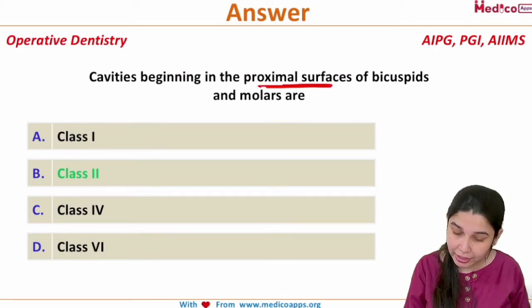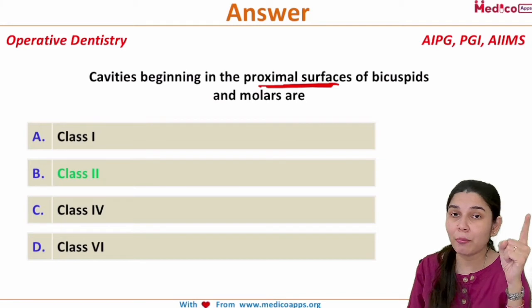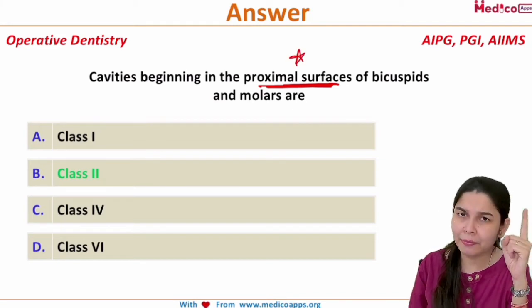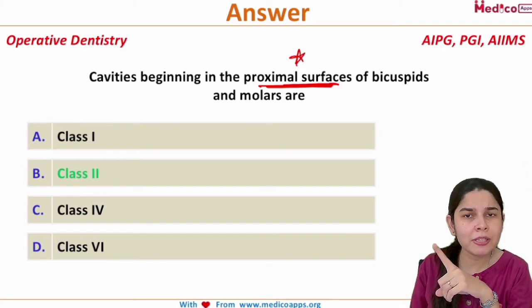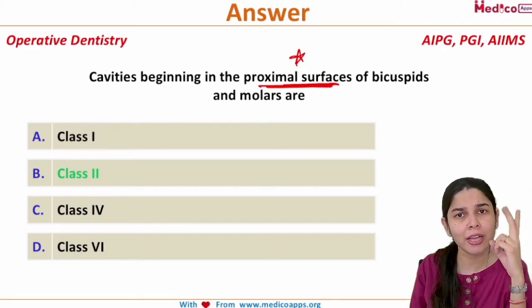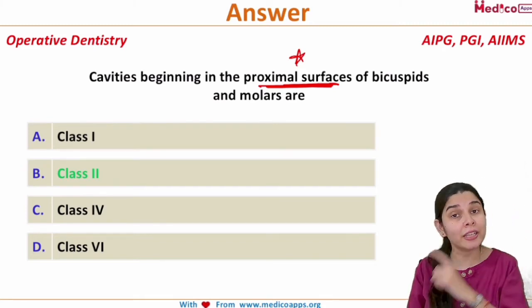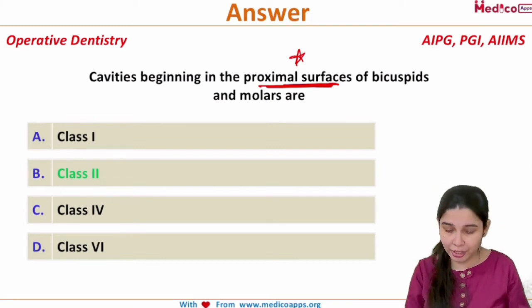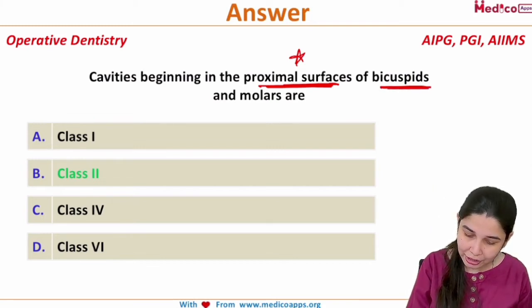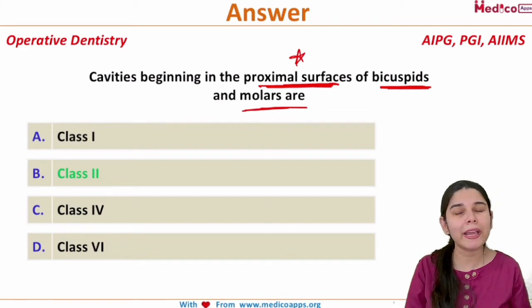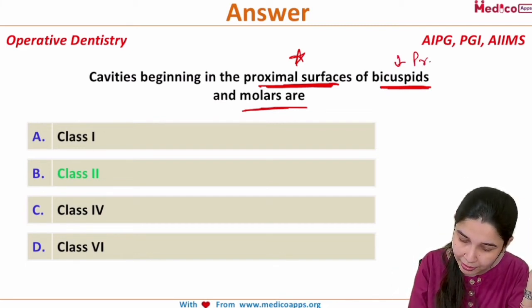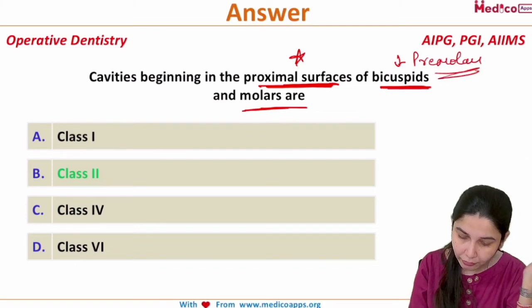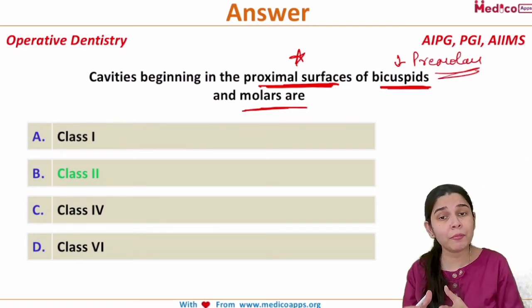Now if this is the first key point, proximal surface, that means we are discussing class 2. Proximal surface was even in class 2, class 3, class 4. But the other key point of the question is it is involving the bicuspids and the molars. What are bicuspids? They are the premolars.